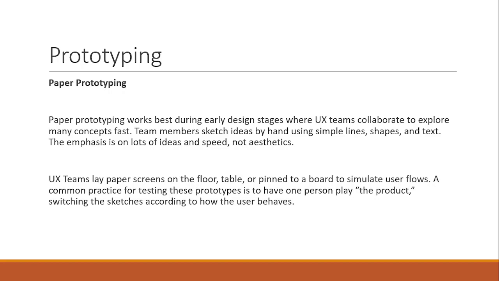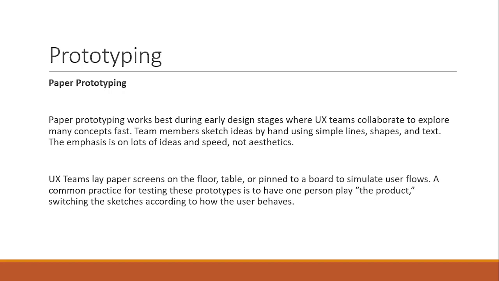Okay, next, we will discuss the different types of prototyping based on where your prototype is made. First, we have paper prototyping. As the name suggests, the prototype is made or implemented on paper. Paper prototyping works best during the early design stages where teams of designers collaborate to explore many concepts fast.